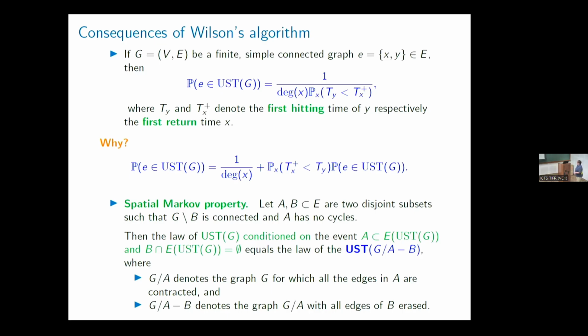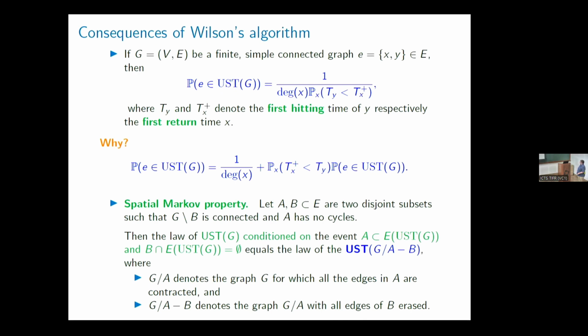So we will assume that B is such that the graph G minus B is still connected. And if we do it this way, then Wilson's algorithm tells us that the uniform spanning tree of G conditioned on the event that all the edges in A are there and all the edges in B are not present equals the law of another uniform spanning tree, but of a slightly modified graph G.